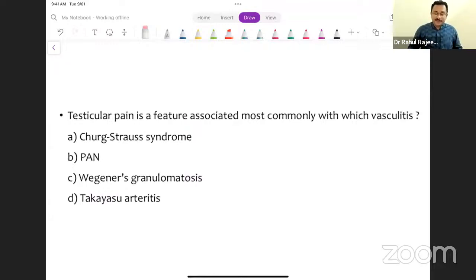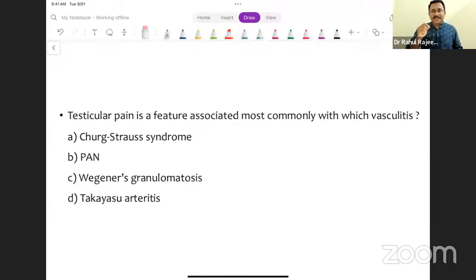Right. So the first question: testicular pain is most commonly associated with which vasculitis? Now remember, vasculitis, as you all know, is a condition associated with inflammation of the vessel wall. The involvement of blood vessels can be predominantly large vessels in certain vasculitis, medium vessels in certain vasculitis, small vessels in certain vasculitis.